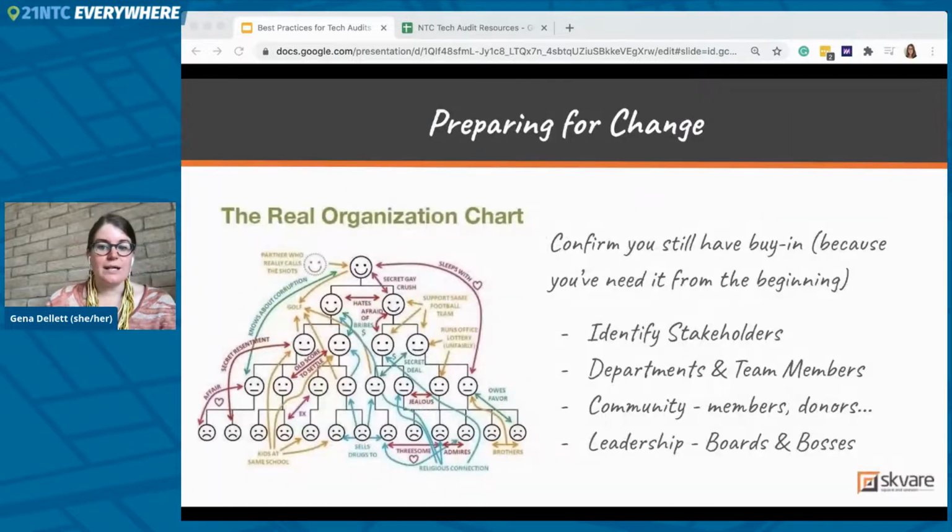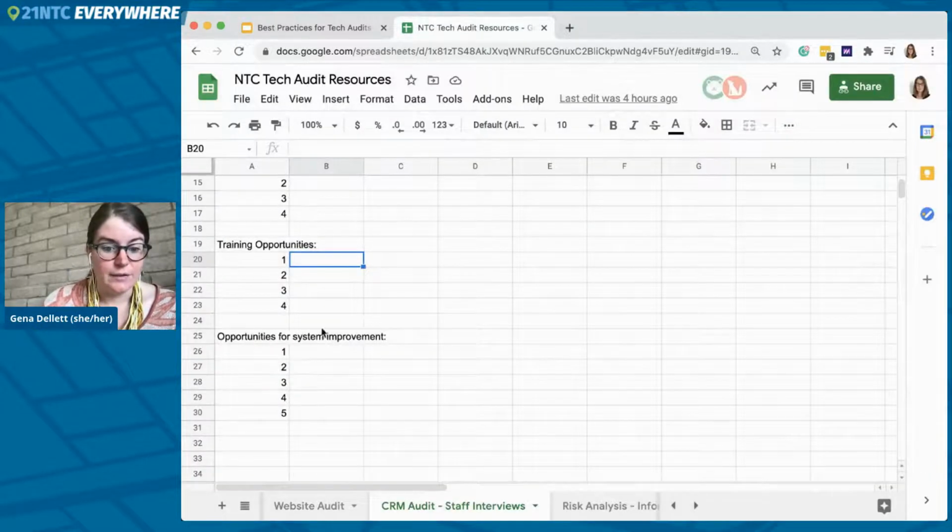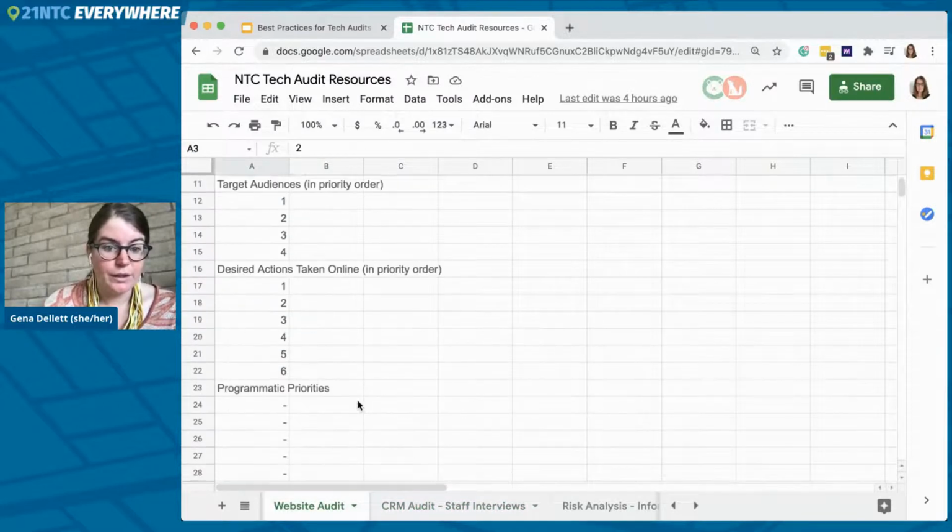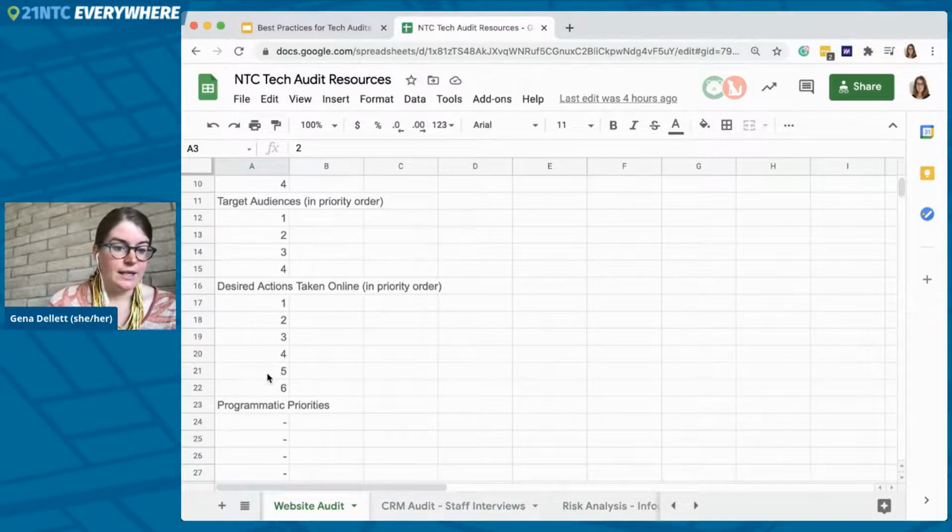And so you've done your work. You have with your audit, hopefully, a list of kind of those low-hanging items that you can change. Maybe, from a website audit perspective, you have that list of your desired actions. And it turns out one of those is really missing on your site, or the workflow, kind of that user flow of how your audience completes that specific call to action is just really cumbersome.